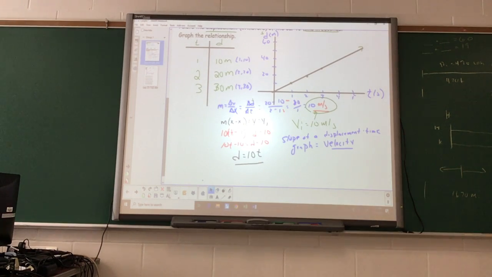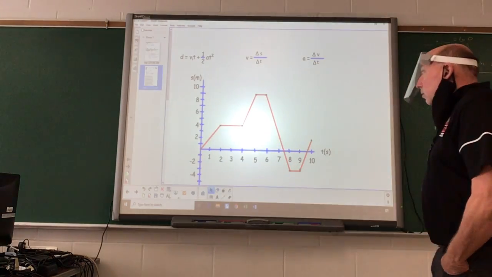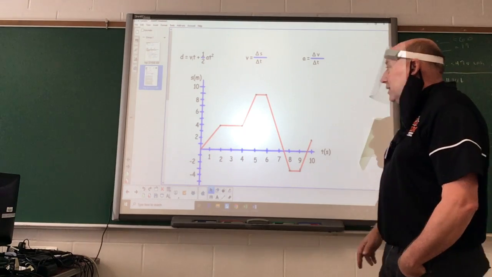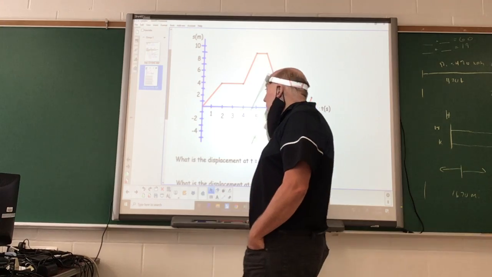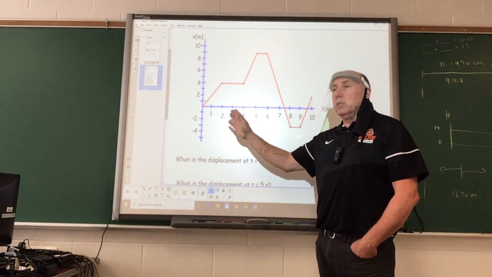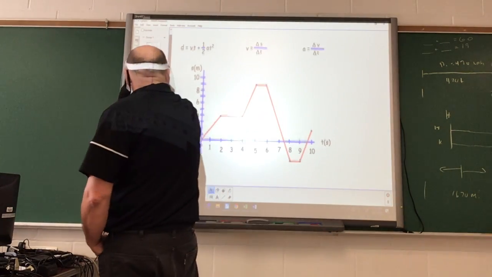Which takes us to the next side. We still have our base equations up here, but what we have here is a displacement time graph. This tells us what our change in position is, once again, when we have displacement.